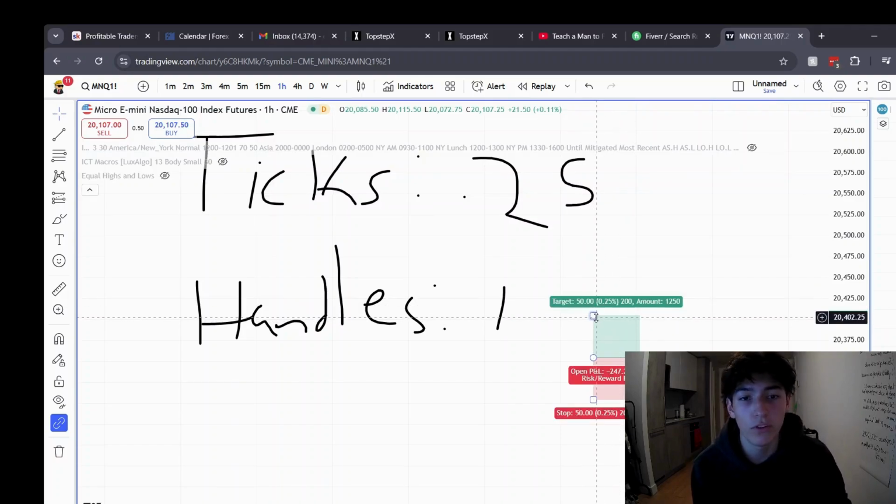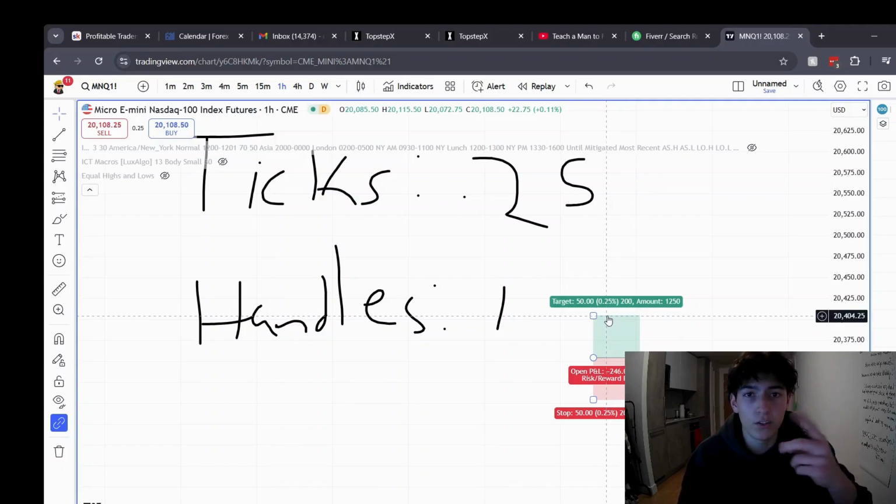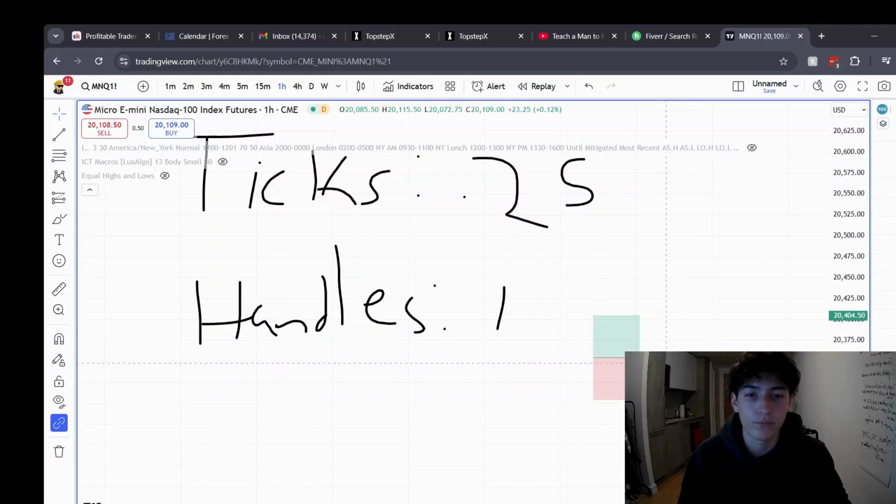Because it's 50 points, or 50 handles, which is where you want to sell the contract because you bought, so to get out you need to sell 50 points. You multiply that by the price of the contract. Since you only have one contract, that contract's $2, and 2 times 50 is 100. It's the same for losing money.